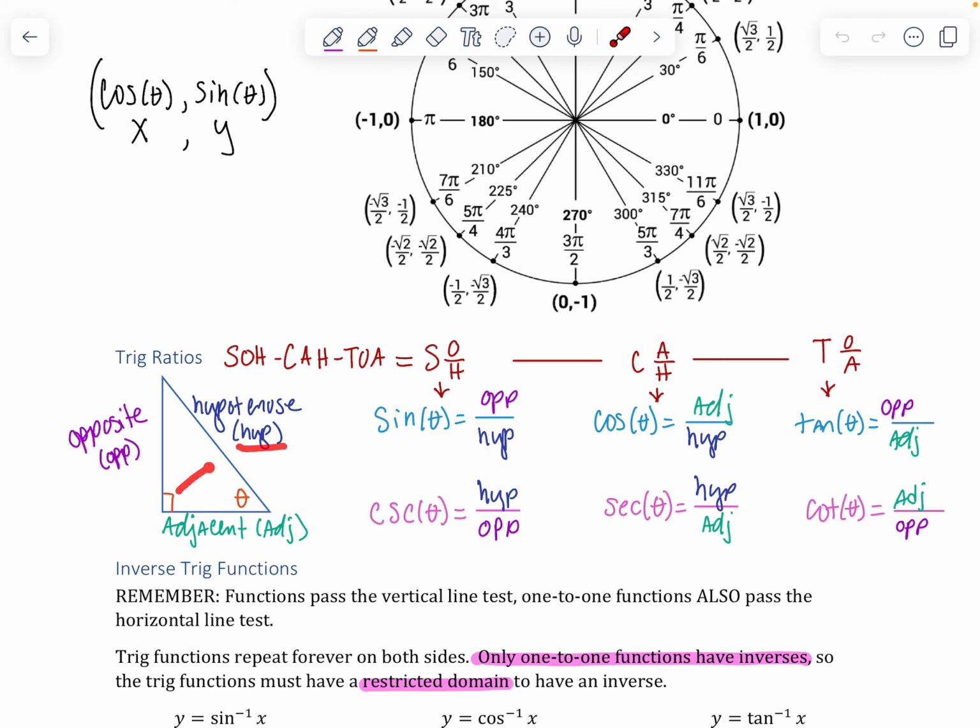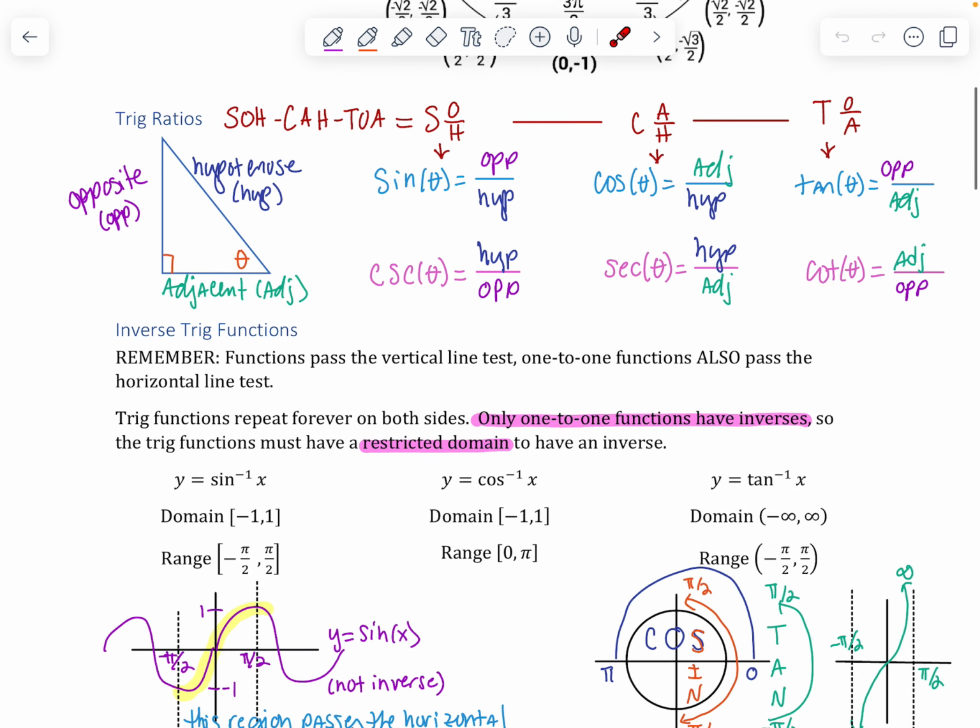And then you have your hypotenuse, which is always across from the right angle portion of the triangle. Don't forget that all trig functions have inverses, which are really the reciprocals. So the cosecant, which is the inverse of the sine, is the reciprocal of the sine. So hypotenuse over opposite, etc. for the next two, secant and cotangent, inverse functions.